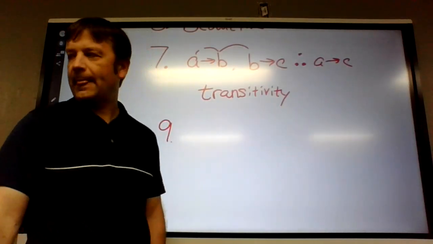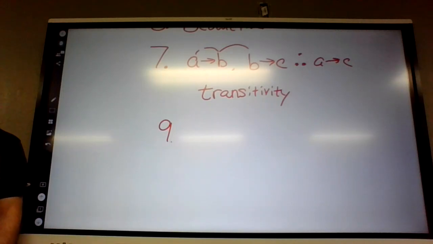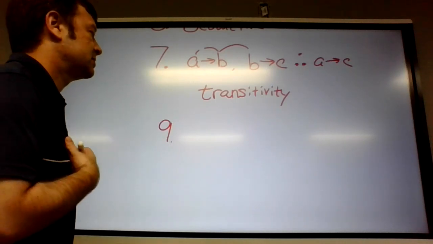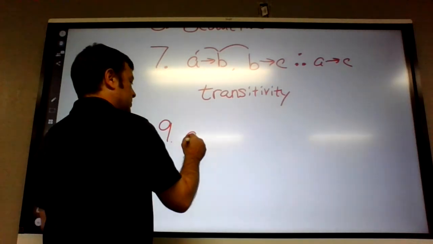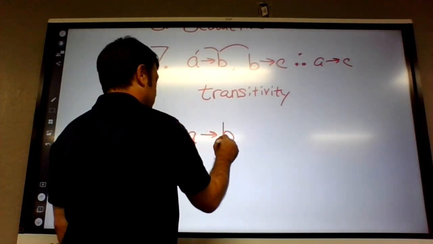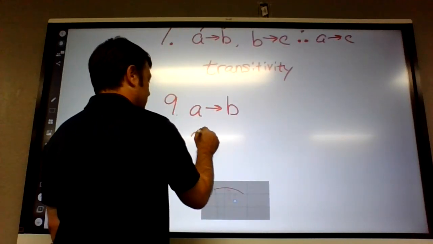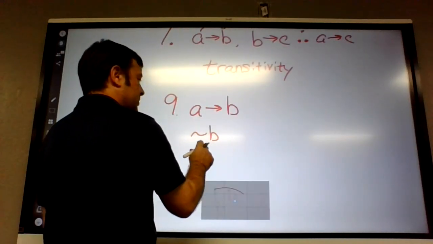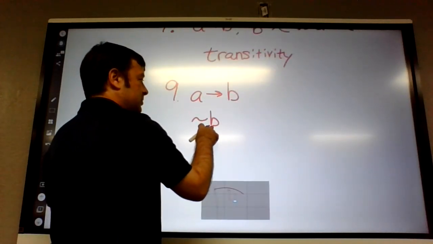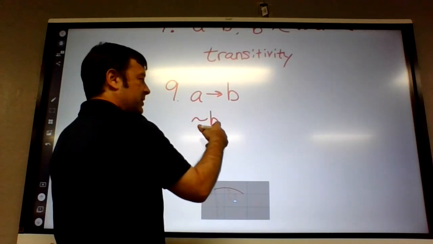Number 9. Okay, if A then B, not B, therefore not A. What was that one called? This was the more complicated of the 2.